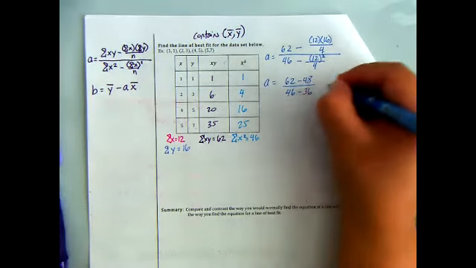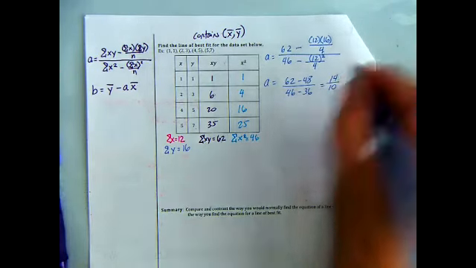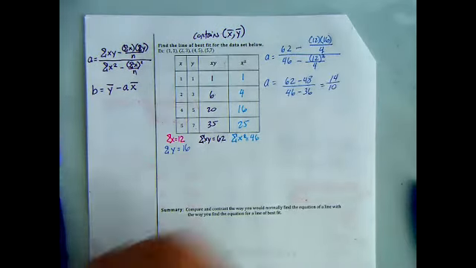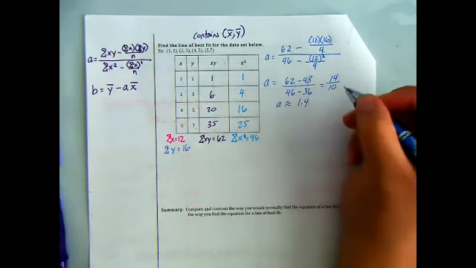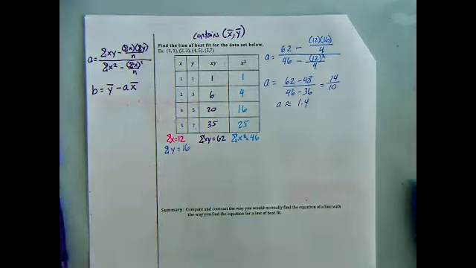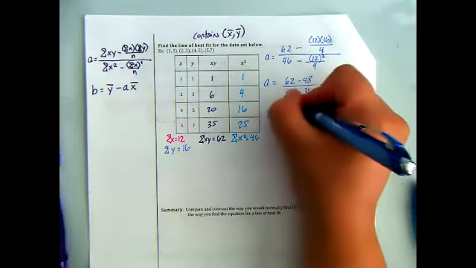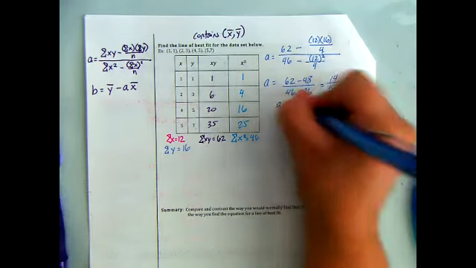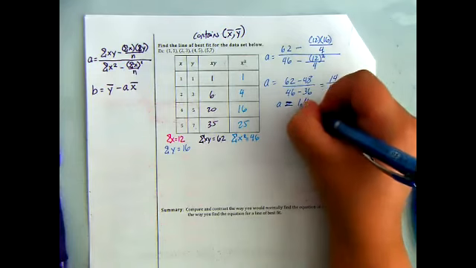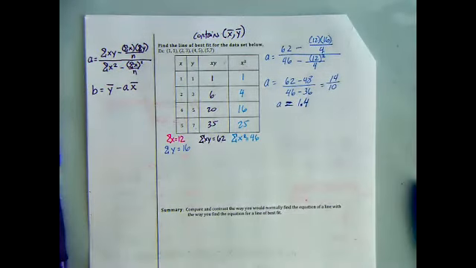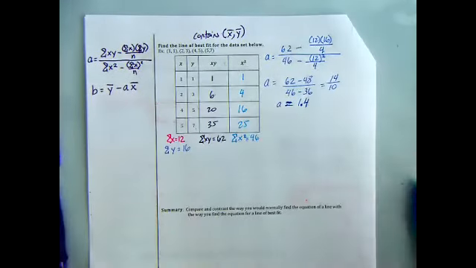Keep simplifying that. You're going to get 14 over 10. So your A is exactly 1.4. So that's your A in your equation.